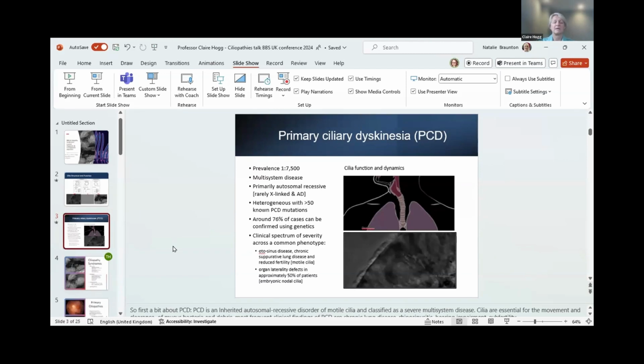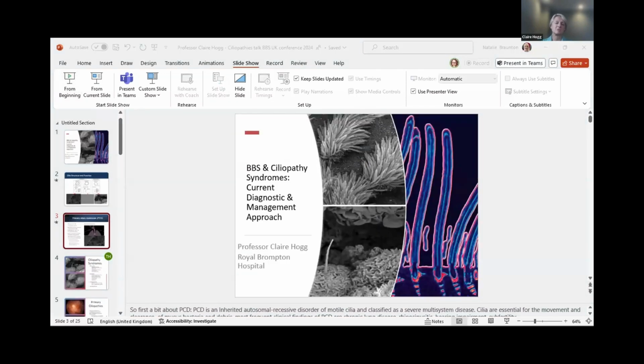And a little bit like Bardet-Biedl, there is a common clinical phenotype in these patients, albeit with a spectrum of severity.